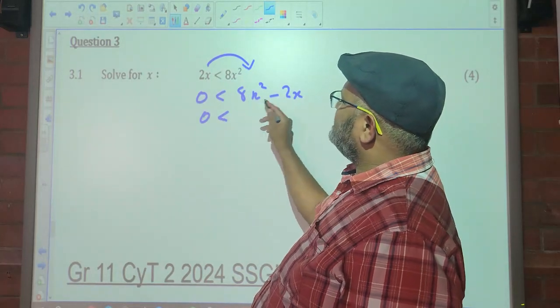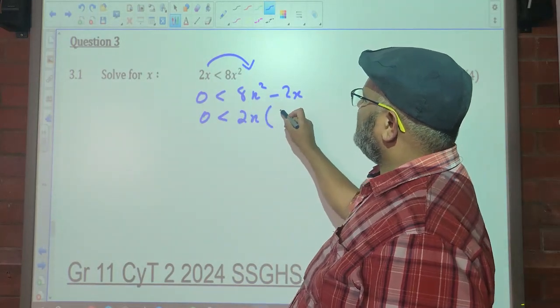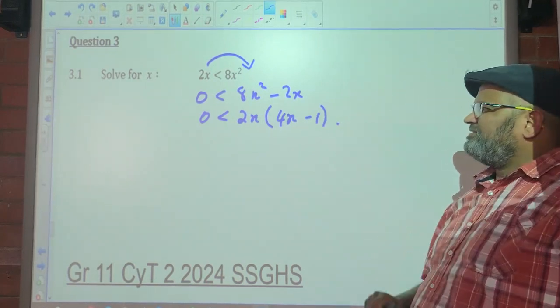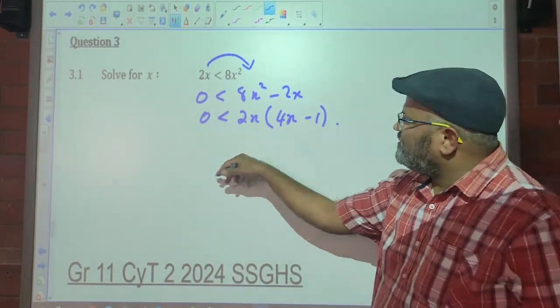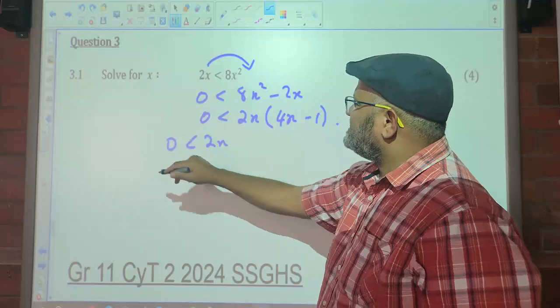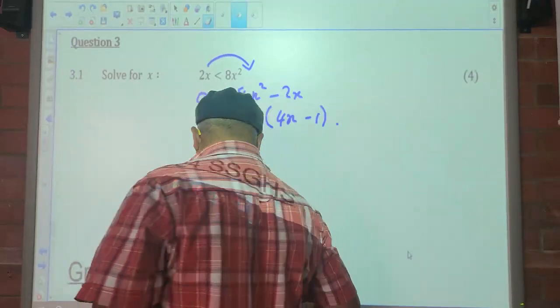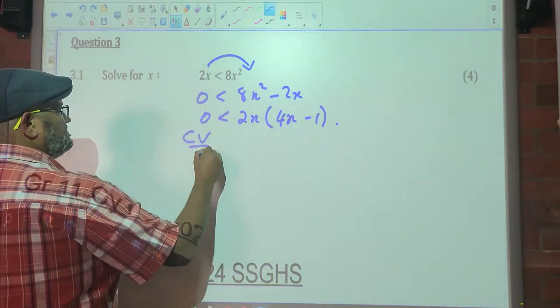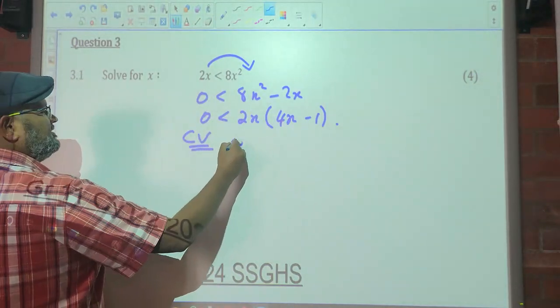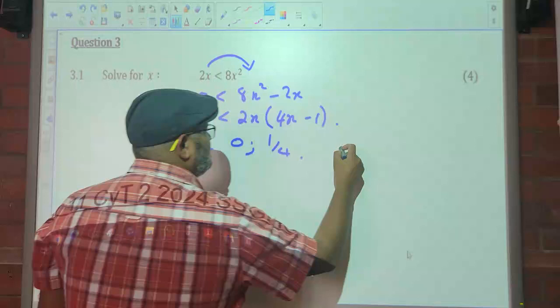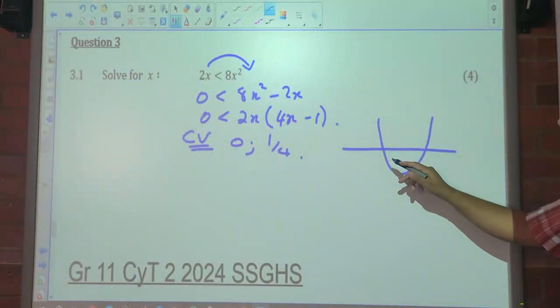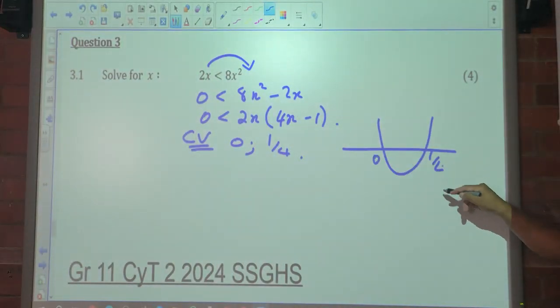I factorize this. 2x is a common factor. I'm left with 4x minus 1. Now some of you go and say 2x is greater than 0. No. You must get what we call critical values. What gives you 0 here? 0 and a quarter. Take it to the graph. You get 0 and a quarter.